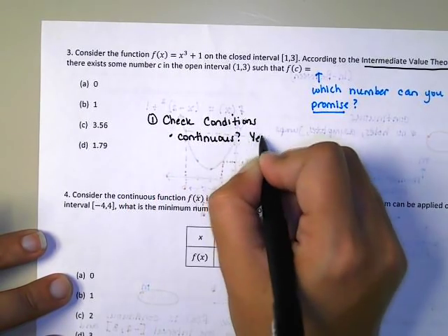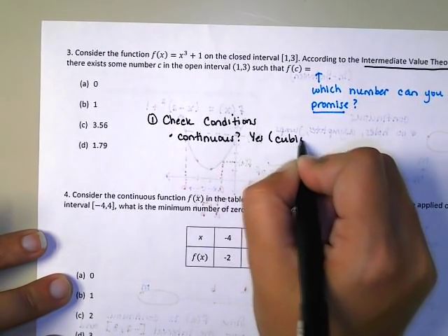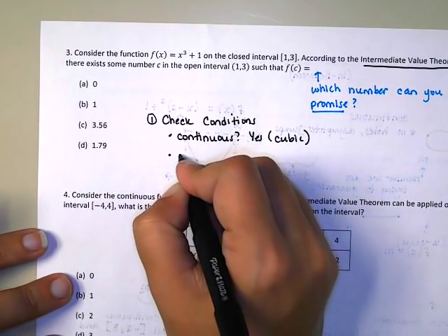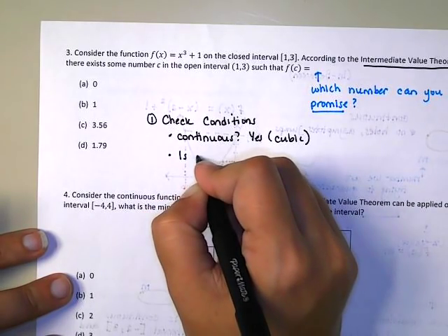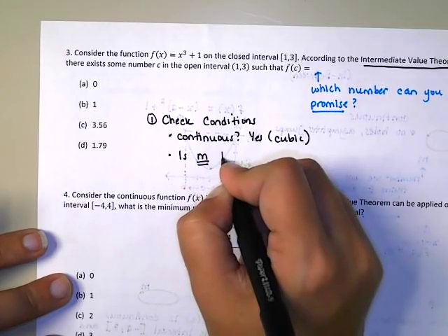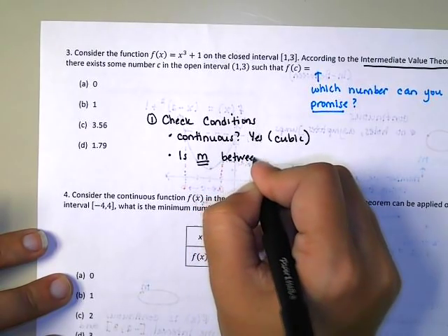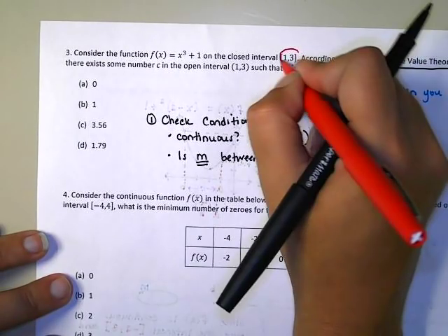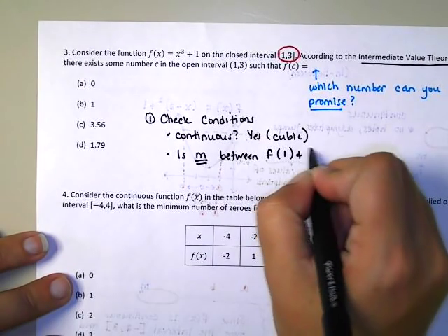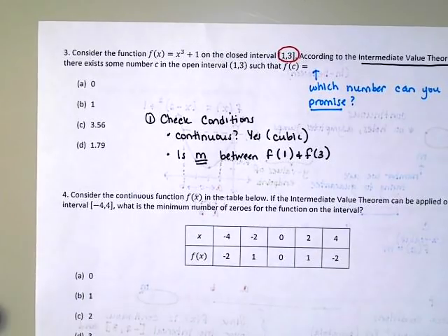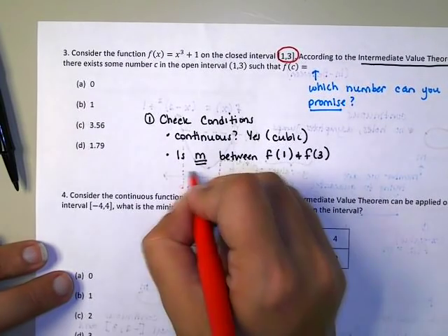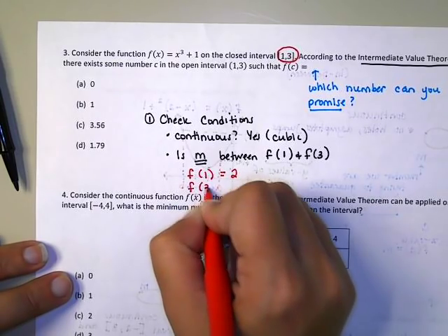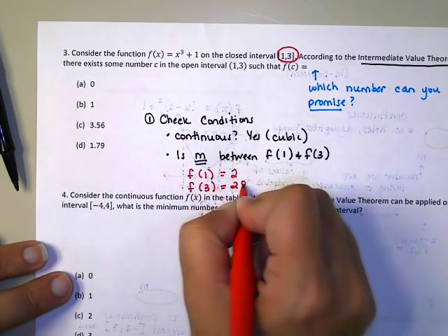The answer is yes, because it's a cubic function, which is always continuous everywhere. And the second condition is our value, whatever m we're trying to promise, between f of 1, which is our first x value, and f of 3, which is our second x value. So if we plug those in, f of 1 would be 2, and f of 3 would be 28.